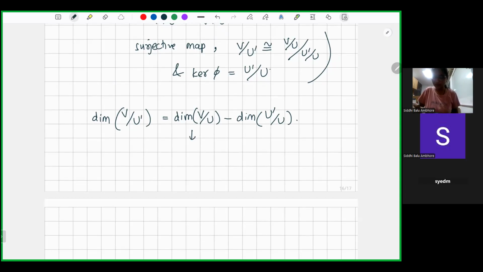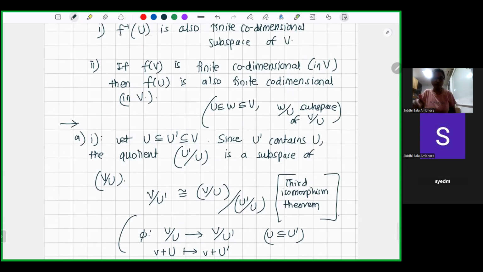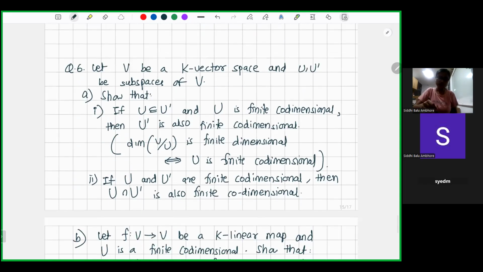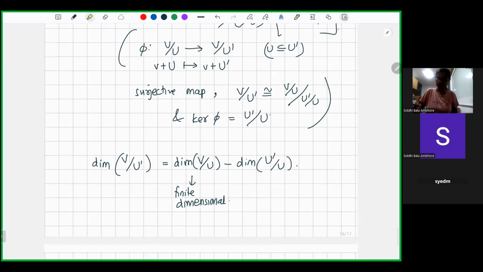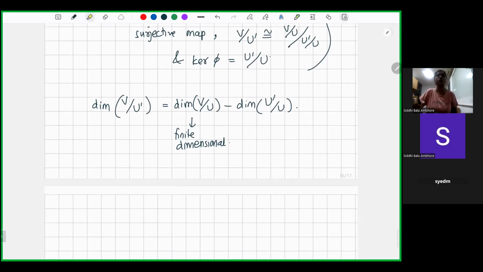And now note that this is finite dimensional. That's what is given, right? U is finite codimensional, U is finite codimensional. So U being finite codimensional means this quotient V quotient U is finite dimensional. And whatever this number is, it will always be greater than or equal to 0, some finite number.